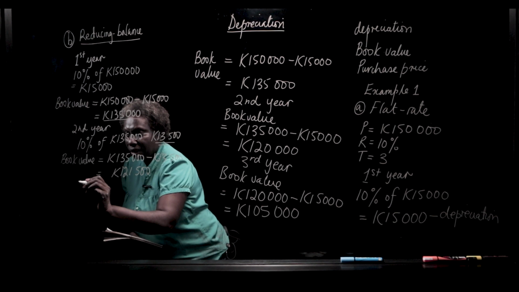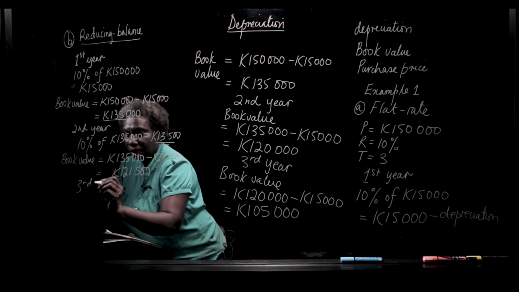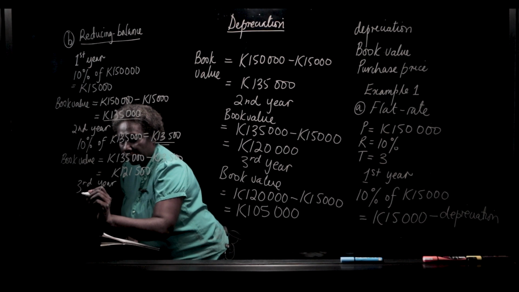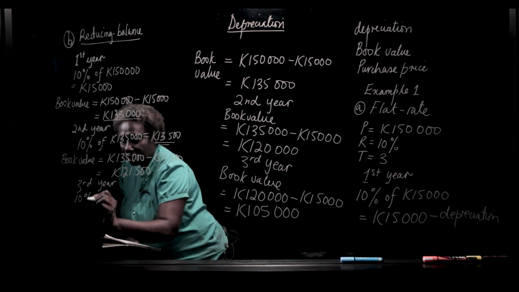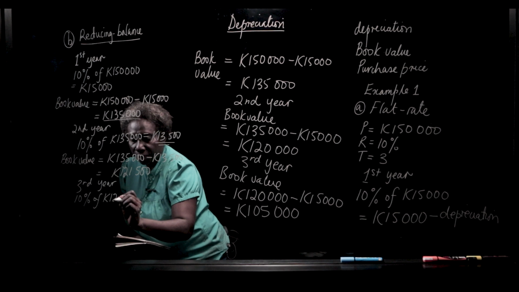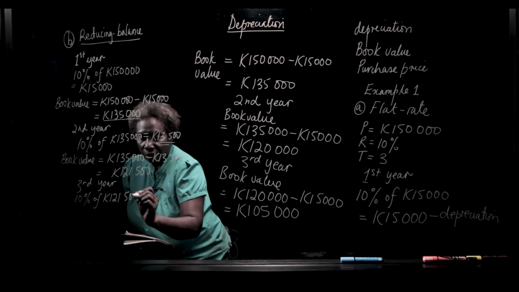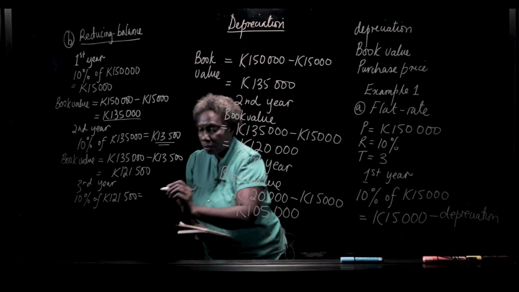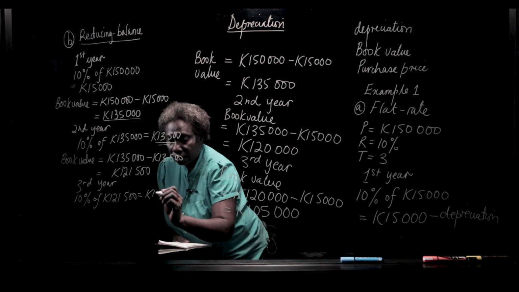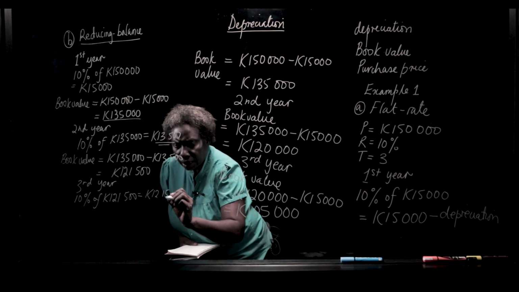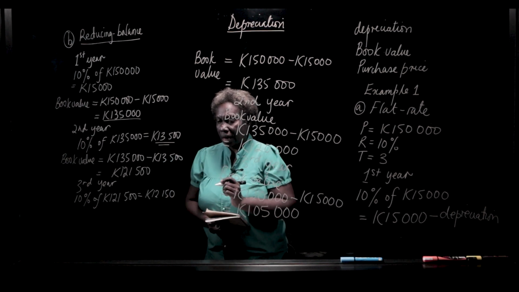Let's look at the third and final year. This time we are going to get 10% of 121,500, and that is 12,150 kina.